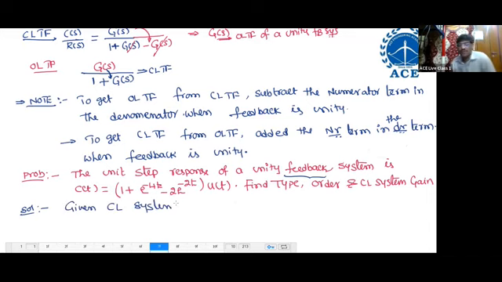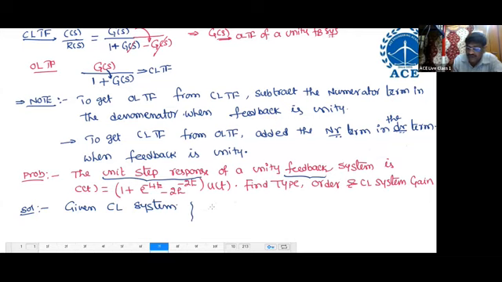Now find closed loop transfer function. What is given? Unit step response is given. Then find the transfer function first. What is the transfer function? Laplace of output by Laplace of input with all initial conditions 0.